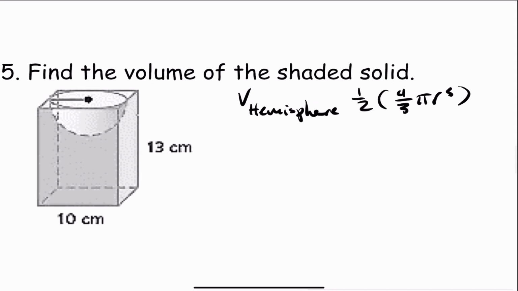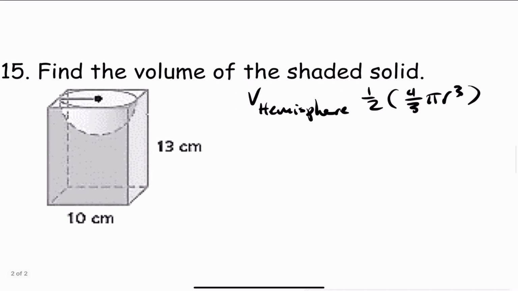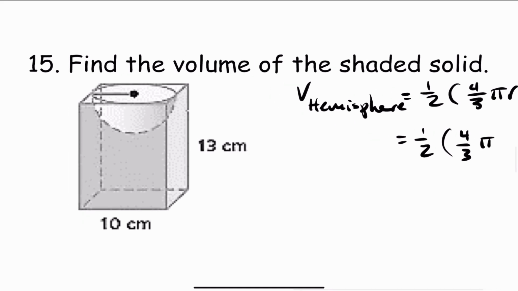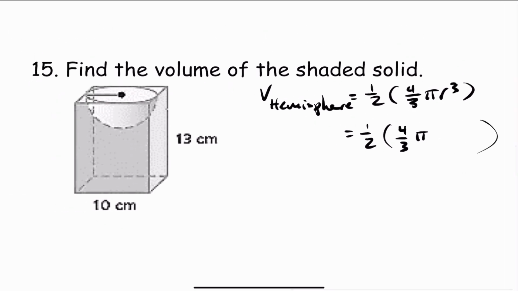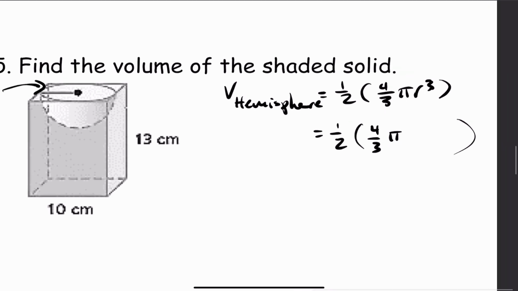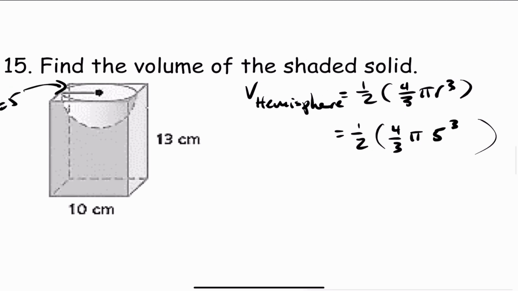So let's do 1/2 of 4/3 pi, and then what's the radius? So if this thing is 10, that means that the diameter of this hemisphere is also 10. So the radius is 5, right? The radius is 5. Okay, so we have 5 cubed.